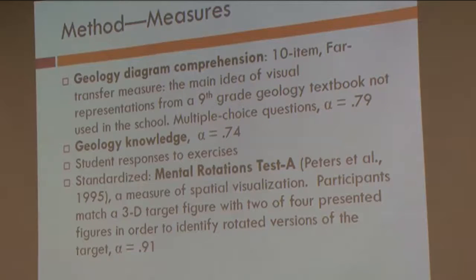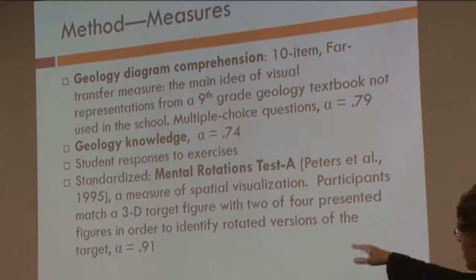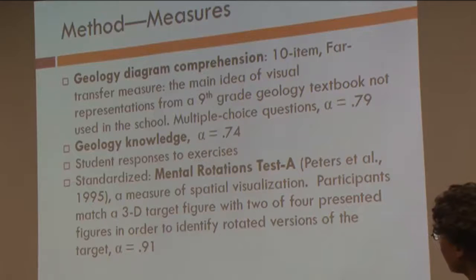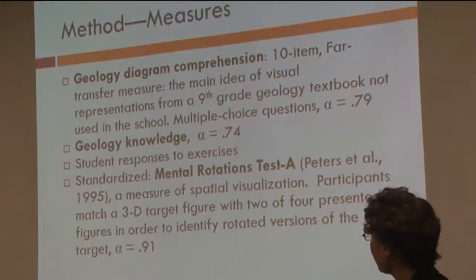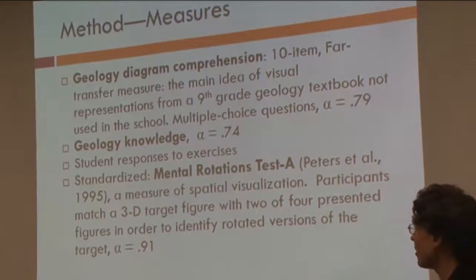So we had a geology knowledge and a geology diagram comprehension measure. We were interested in the role of spatial skills, and so we gave the mental rotations test. It's very well known. 3D figures are rotated in space on various axes. I know you guys in chemistry have used this a lot.